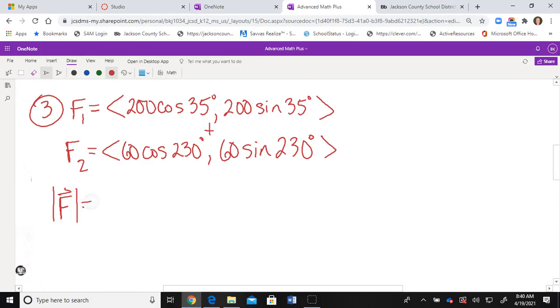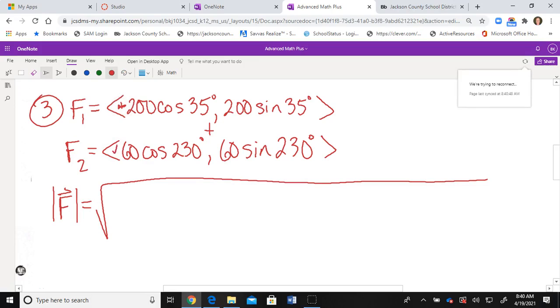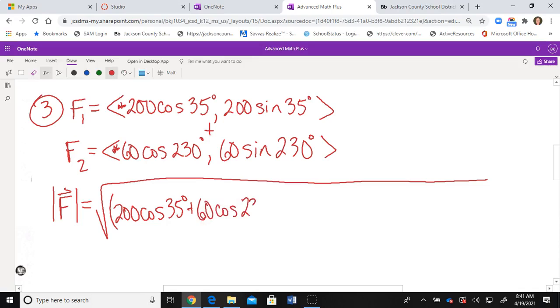I'm just going to go ahead and write my magnitude here. It's going to be the square root, and it's a really big square root. These two added together squared, right? 200 cosine 35 degrees plus 60 cosine of 230 degrees, and all of that squared.